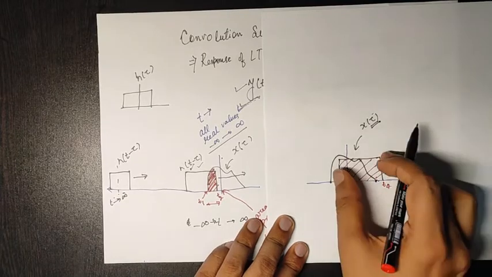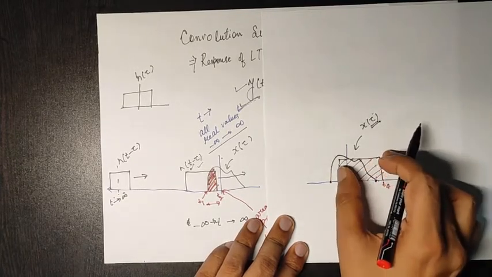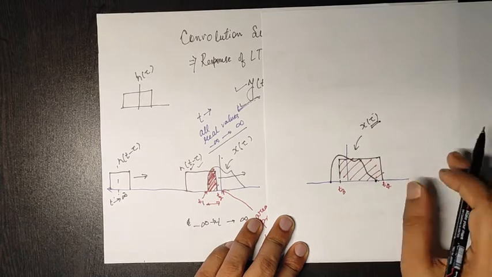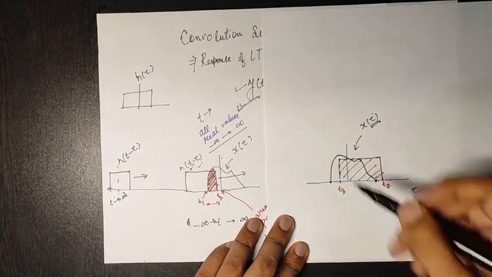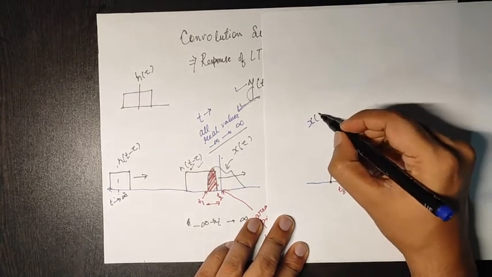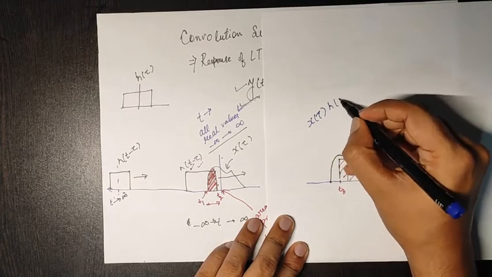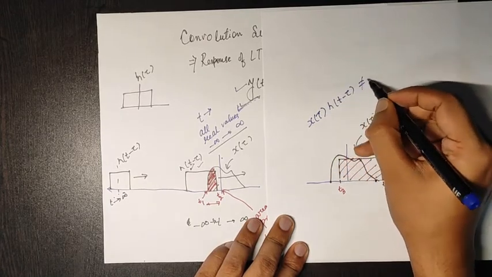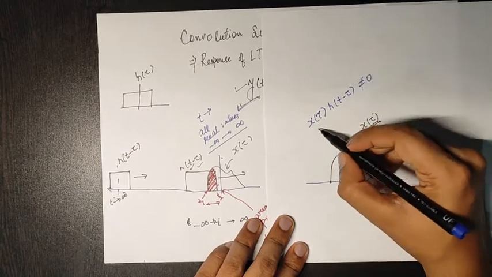So as long as it keeps on shifting, the area product x tau into h t minus tau will not be zero, there will be a finite area product.